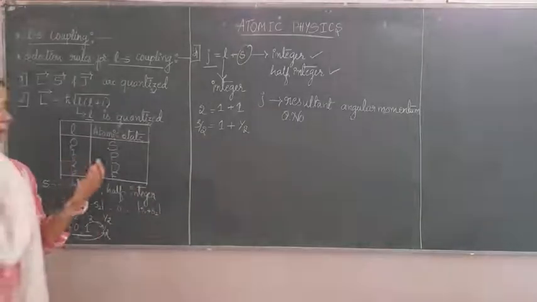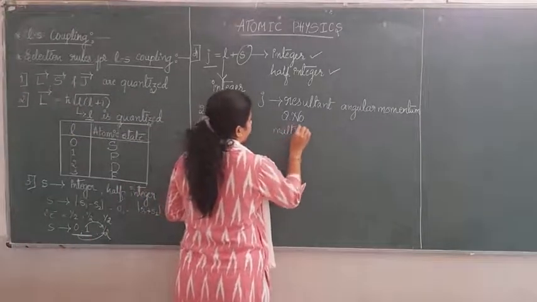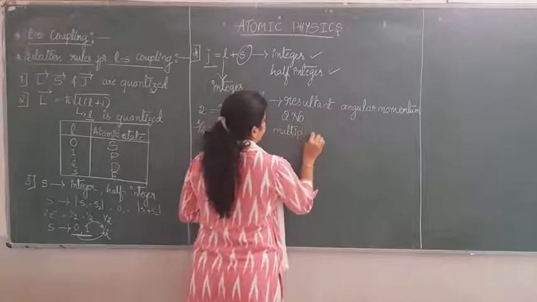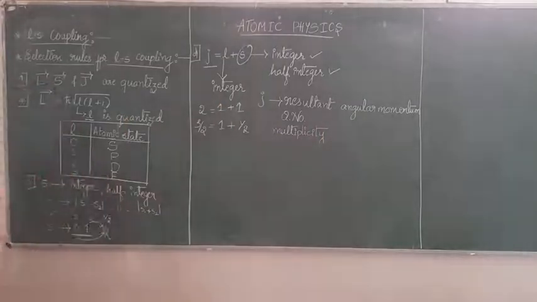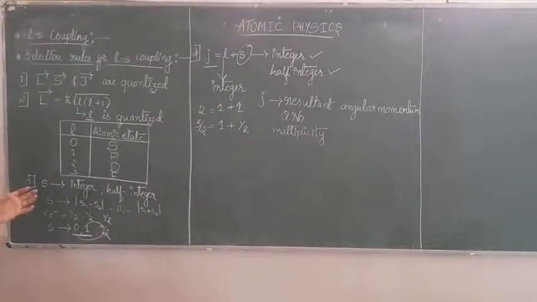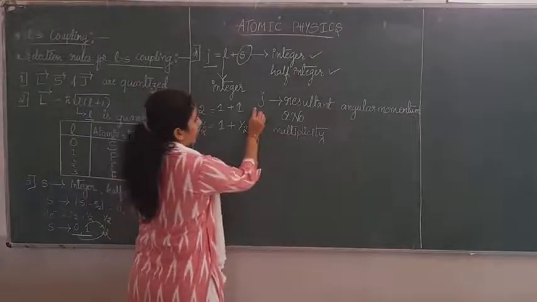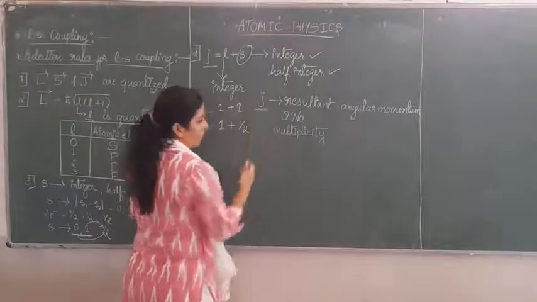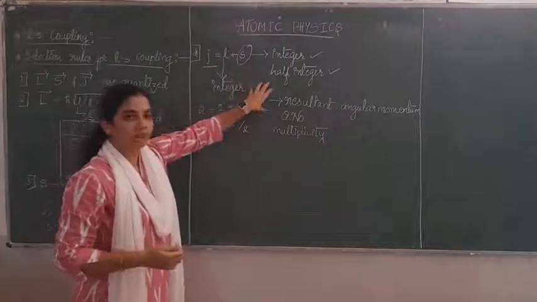It can also be called the multiplicity of the state. What is this multiplicity? For different values of L and S we are going to get different values of J.